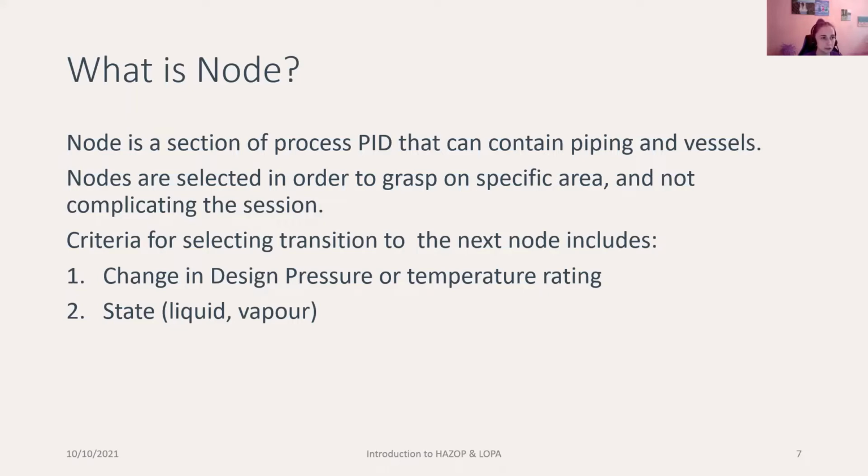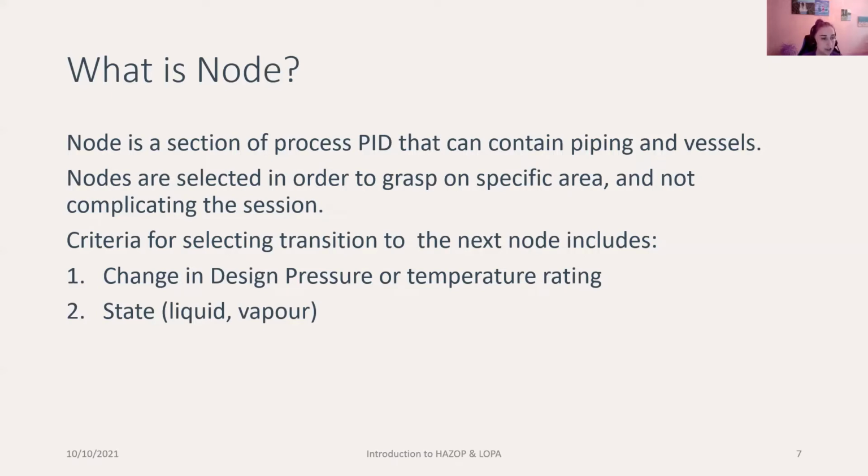In order not to do that, they try to moderate them, so people will not be exhausted during one session, and there won't be any confusion. There are different criteria for selecting transition to the next node, and some of them include change in design pressure and temperature rating, and change in state like liquid, vapor, etc.